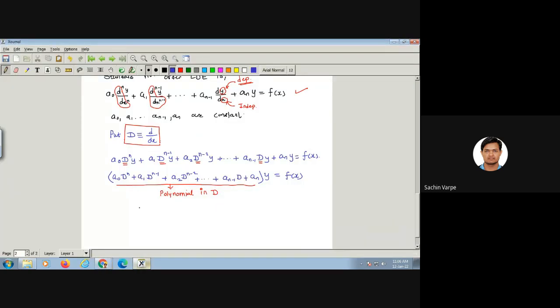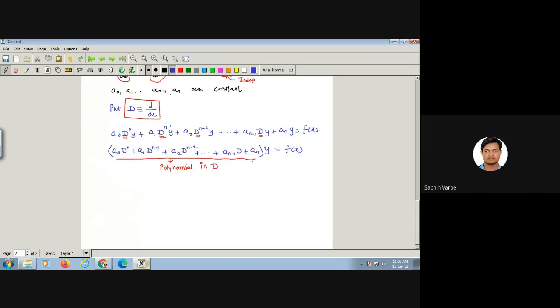Will it be a polynomial? Yes, sir. That will be a polynomial in D. We can consider D as a variable here, so a polynomial in the variable D. So let us denote that polynomial as a function of D, denoted by phi of D, the whole times y, is equal to the function of x.